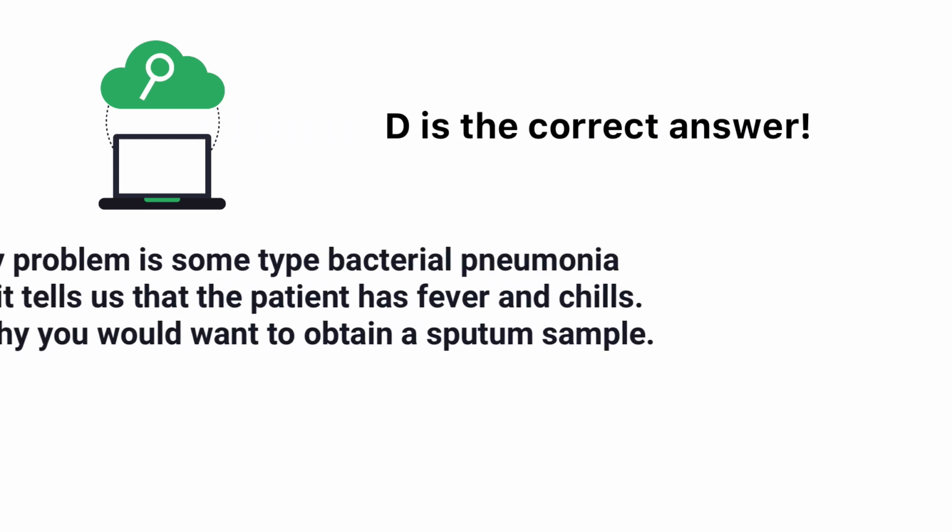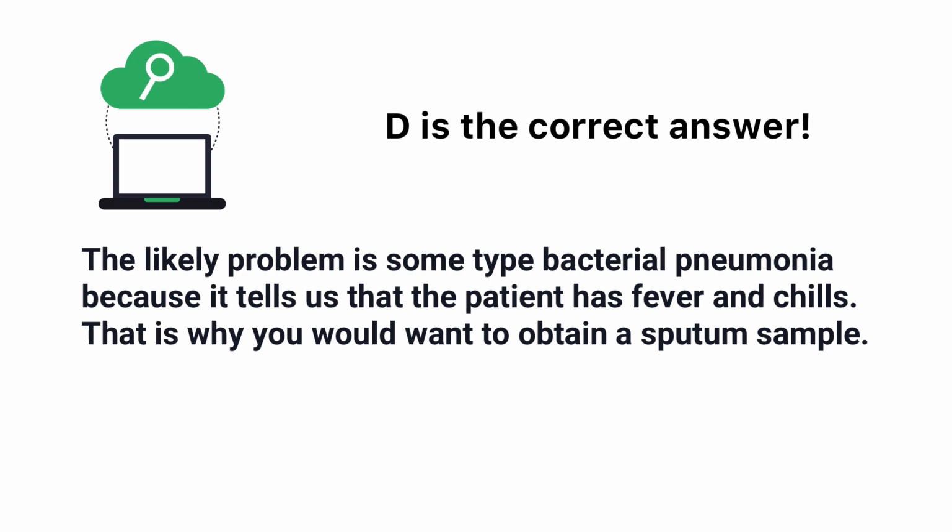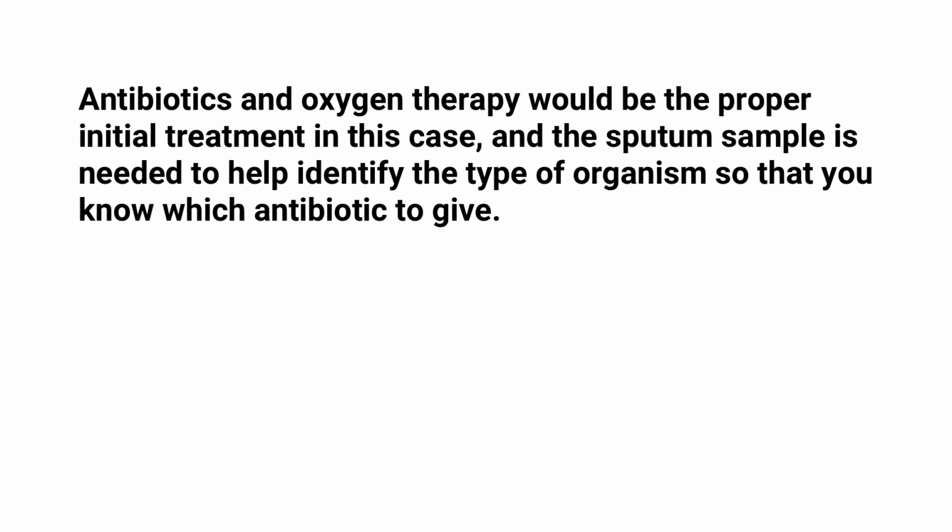The likely problem is some type of bacterial pneumonia because in the question it tells us that the patient has fever and chills. That is why you would want to obtain a sputum sample. Antibiotics and oxygen therapy would be the proper initial treatment in this case, and the sputum sample is needed to help identify the type of organism so that you know which antibiotic to give.